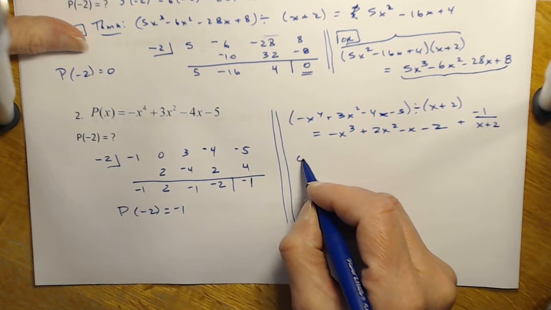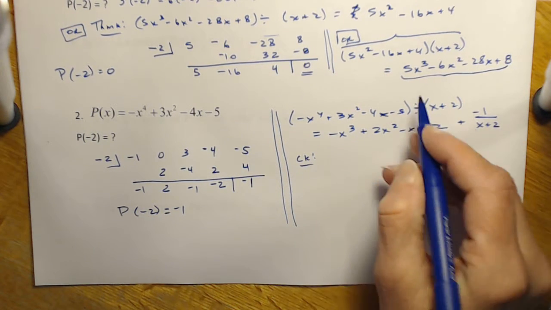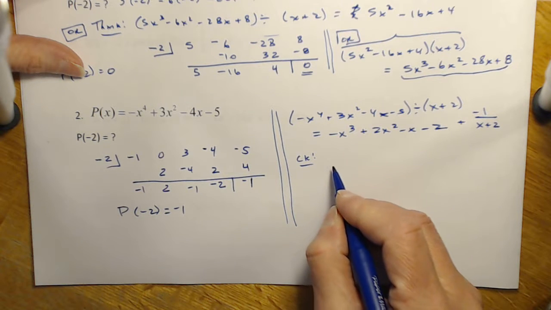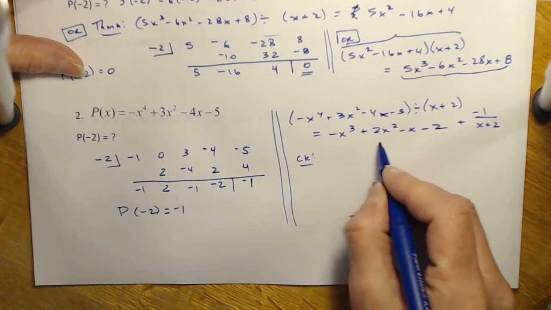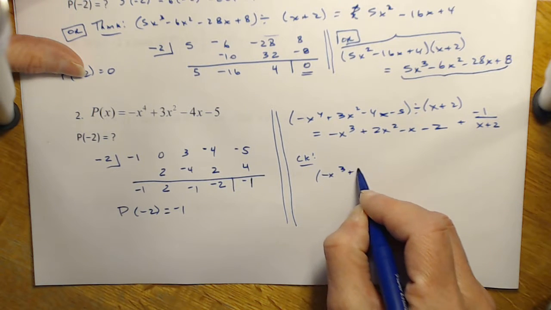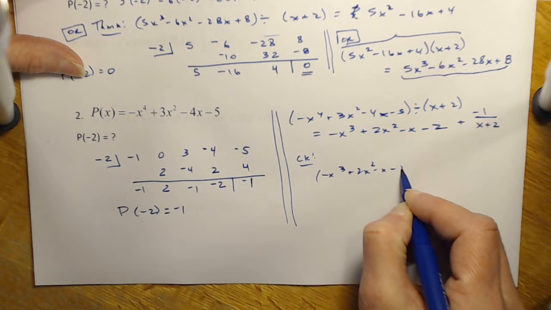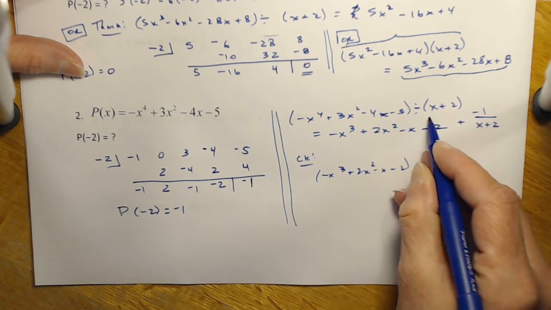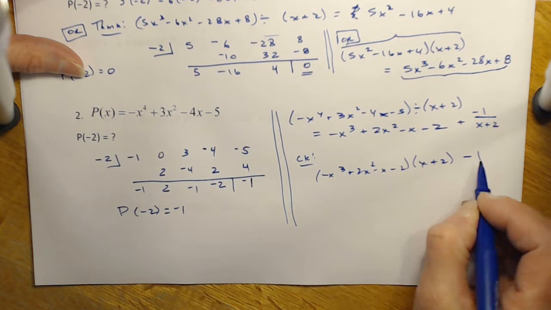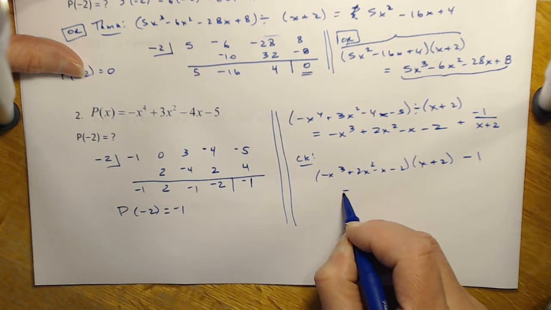Okay. But again, when we check, you sort of do the multiplication we did here. So how would we check this? We would say that if we take our answer, -x cubed plus 2x squared minus x minus 2, I'm going to hold off on the remainder for a second, times our original divisor, plus the remainder, remember, which was -1, that should be the original.